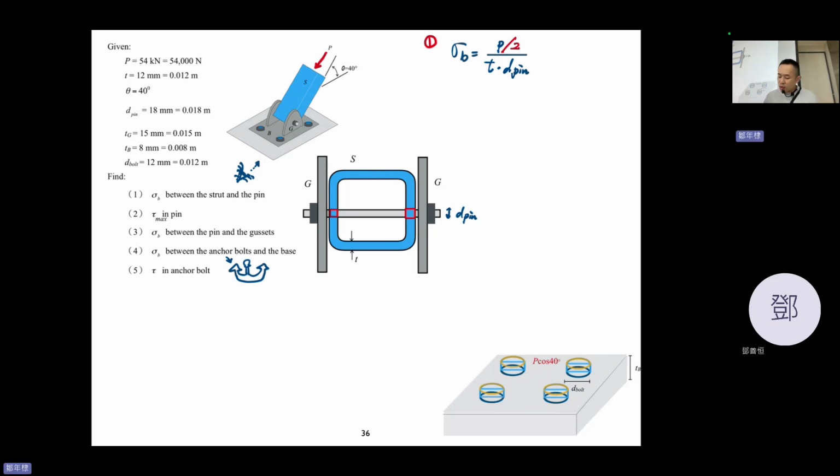So either P divided by T times D pin with two areas to bear, or each area is subjected to half P. Both are okay.